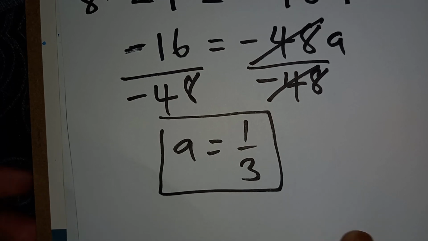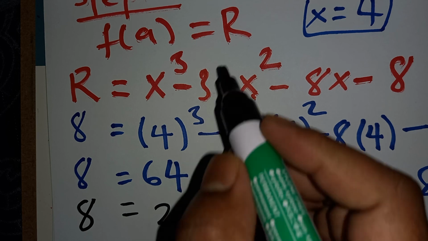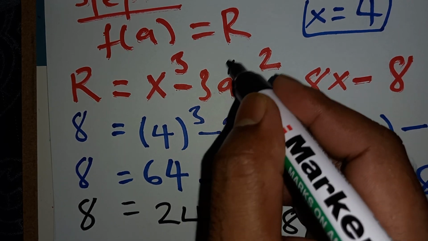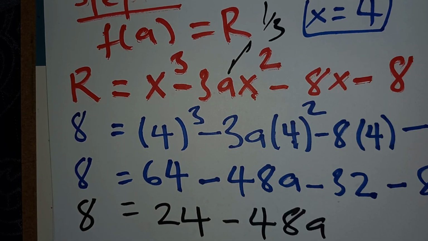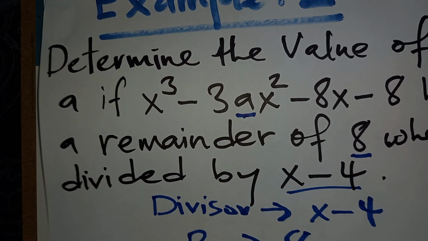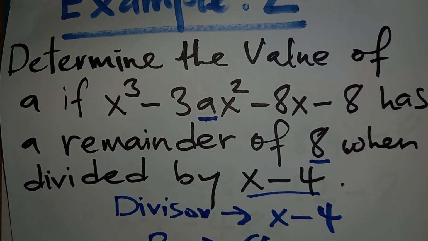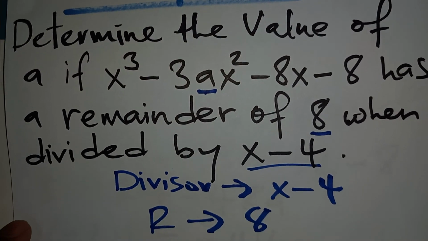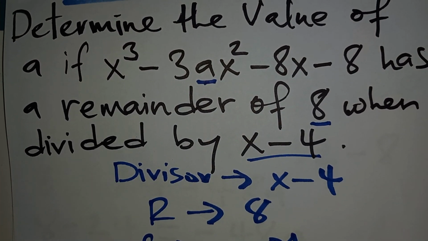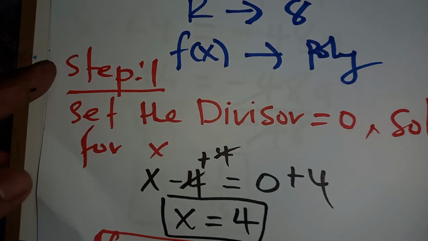So that means the value of a here is 1/3, and that is what our question was asking for. We have to determine the value of a if this polynomial has a remainder of 8 when divided by x minus 4. Okay, so that is how we do it.